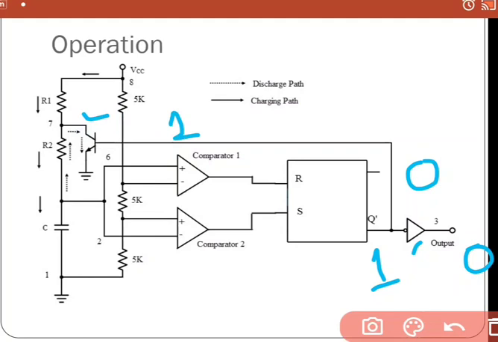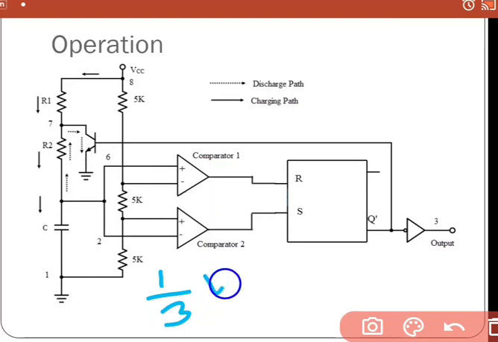That means if this is turned on, and the capacitor is charged initially, then the capacitor will discharge through this path. Now when it is discharging through this path and the voltage across the capacitor comes below 1/3 VCC, then what will happen?